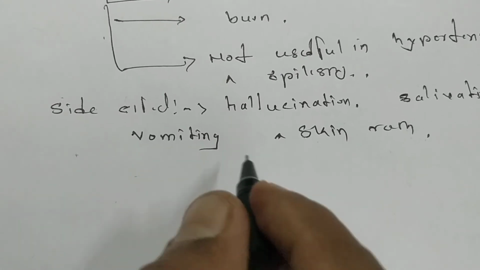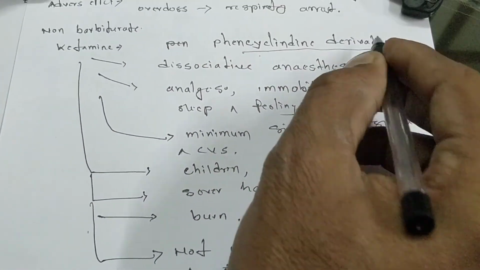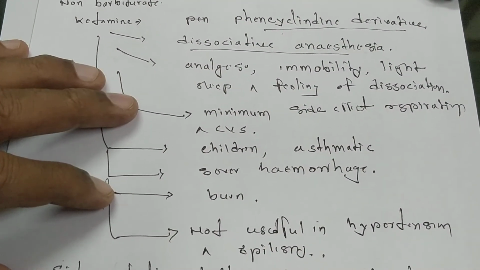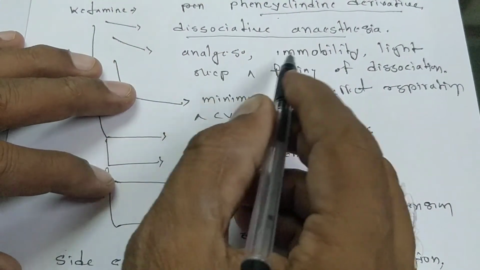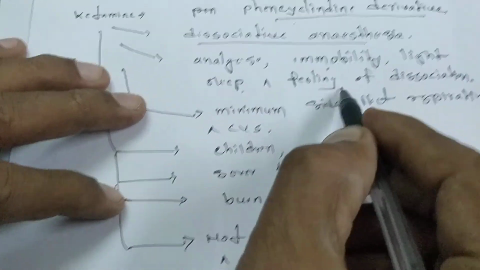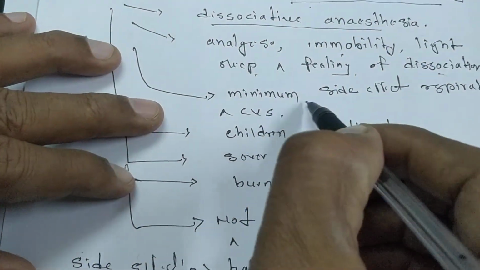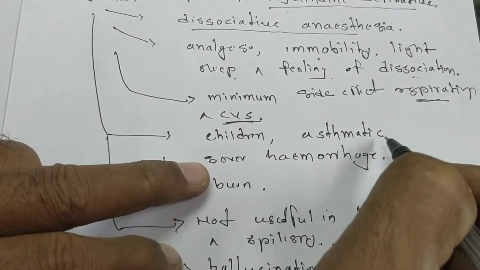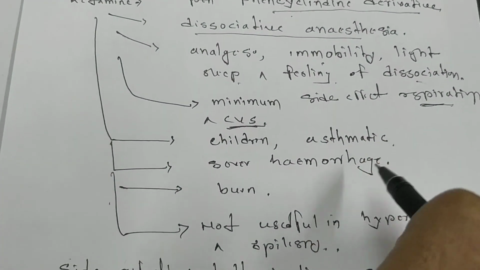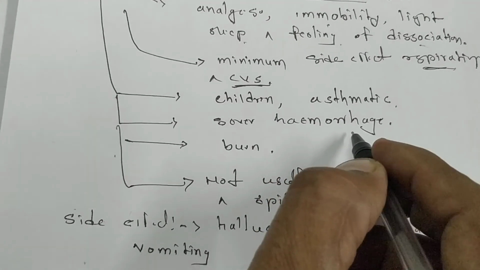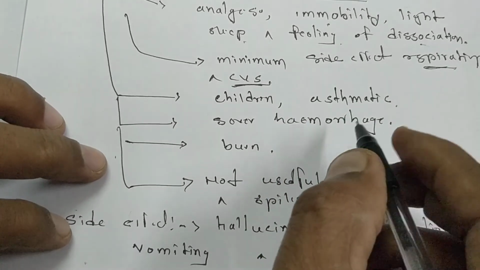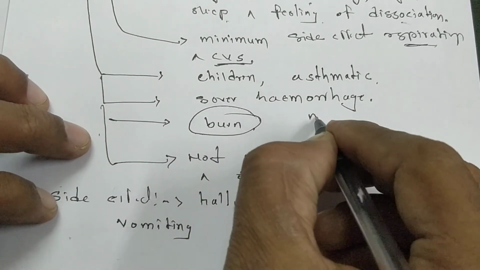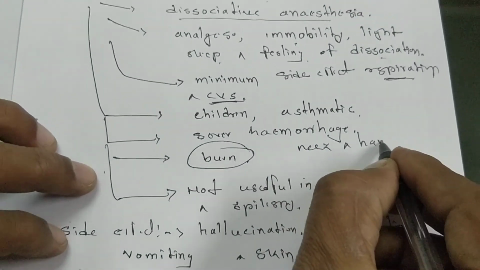See, ketamine is a phencyclidine derivative. It is also called dissociative anesthesia. There is profound analgesia, immobility, light sleep and feeling of dissociation. It has minimum side effects on respiration and the cardiovascular system. It is commonly used in children and asthmatic patients, in severe hemorrhage, in neck and hand operations, and in burns.